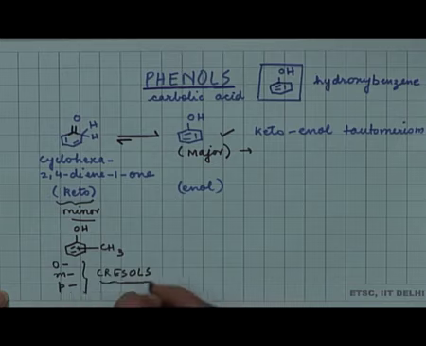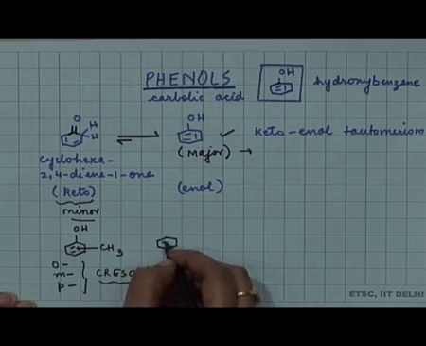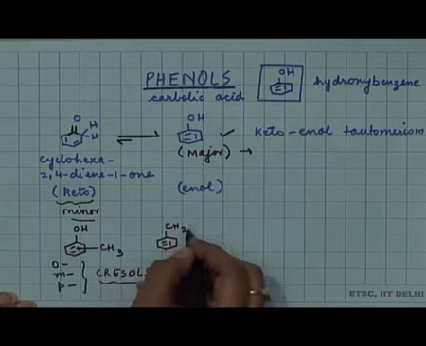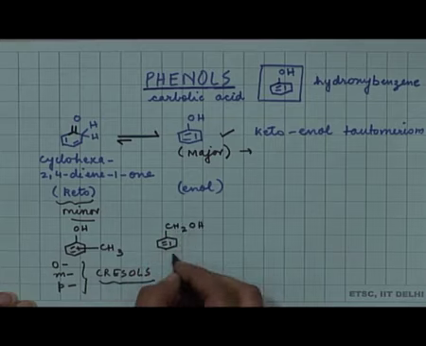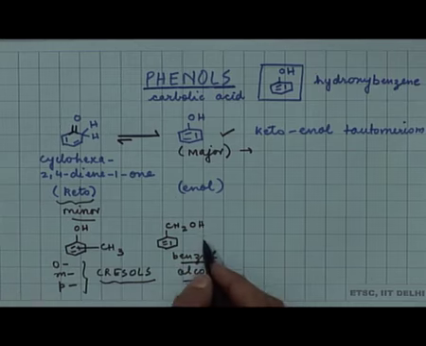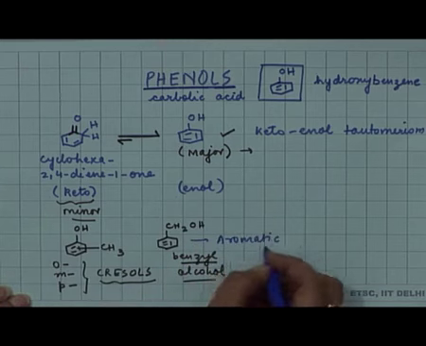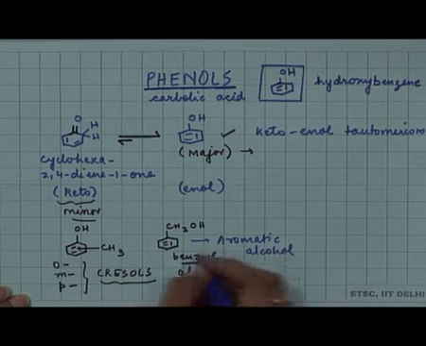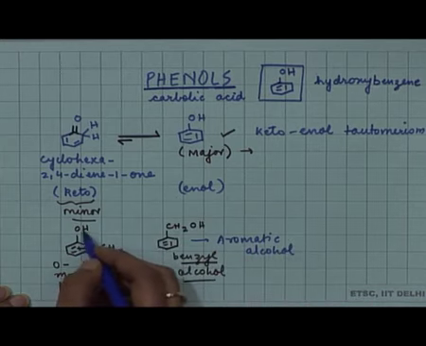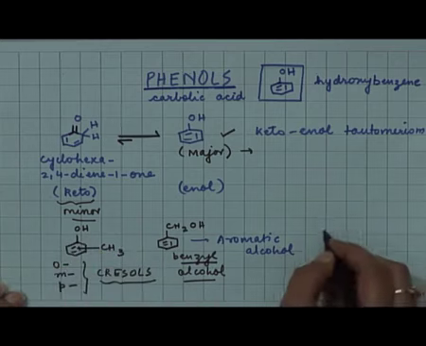So, the methyl substituted phenol is called cresol, and this is isomeric with this molecule, which is nothing but benzyl alcohol. So, cresols are isomeric with benzyl alcohol, but this is not a phenol. A benzyl alcohol is an aromatic alcohol, an alcohol containing an aryl ring, but in a phenol the OH is directly connected to the benzene ring. So, the two have significantly different properties.